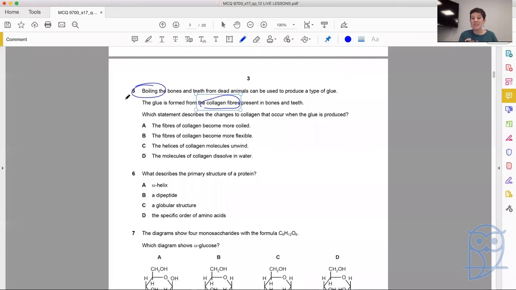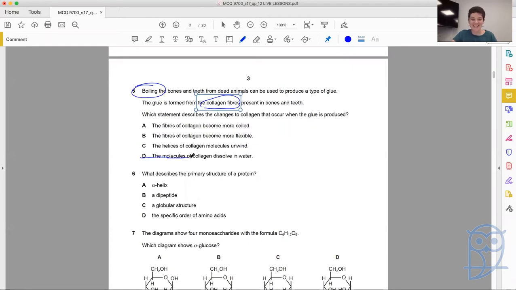So protein structure is coming in here. So we're looking here at what are our different options. The fibers of collagen become more coiled. The fibers of collagen become more flexible. The helices of collagen molecules unwind, or the molecules of collagen dissolve in water.